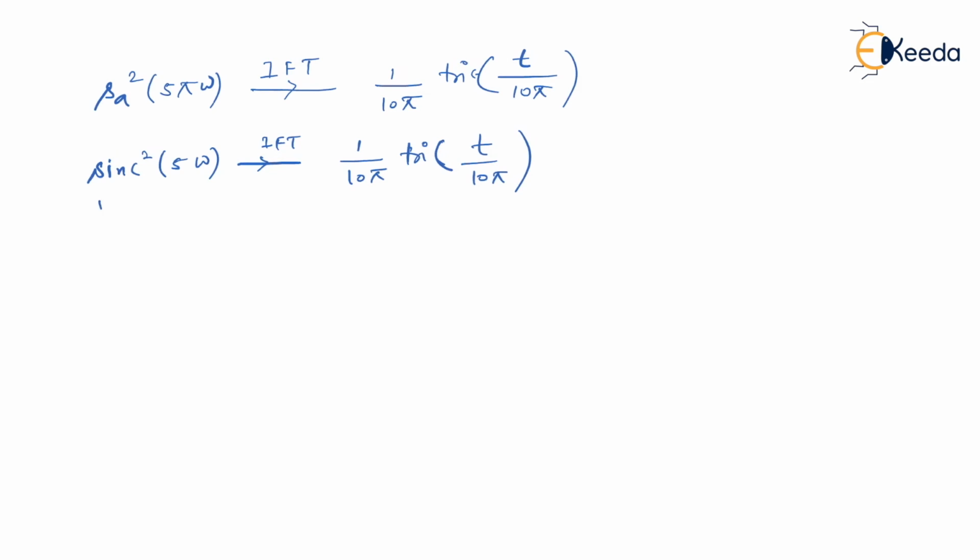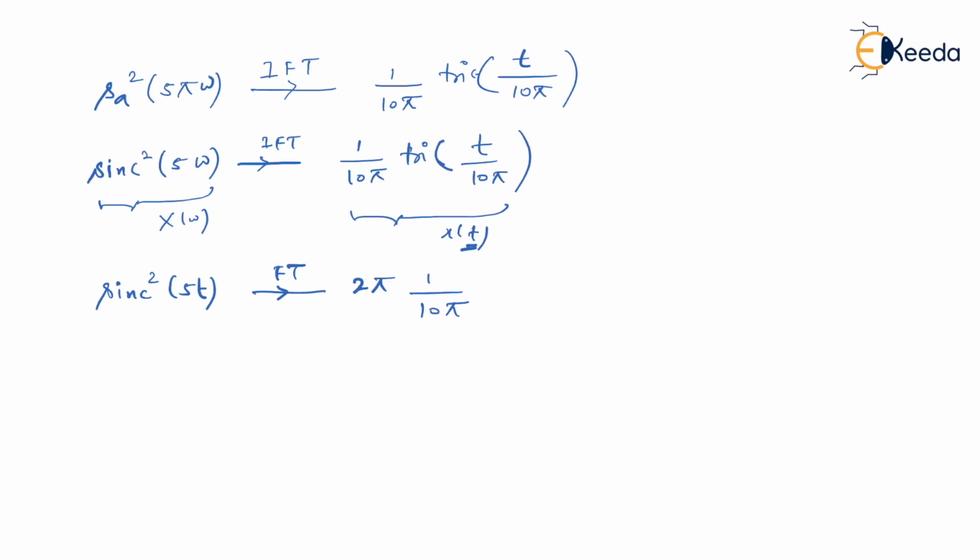Am I right? Now, if I say that this is your x of omega and this is your x of t, now I have to replace omega with small t. So it will become sin square of 5t, which will have a Fourier transform by using the duality theorem. It is 2 pi times, you have to replace t with minus omega. So it will become 1 upon 10 pi, a triangular function of t should be replaced with minus omega by 10 pi.